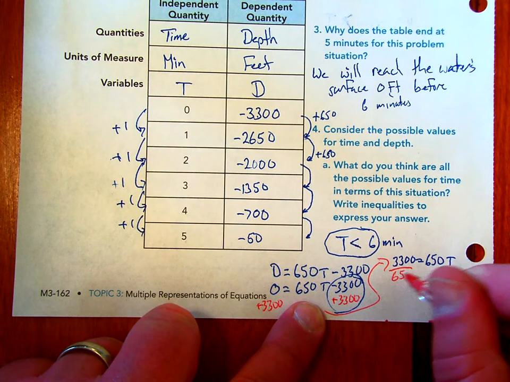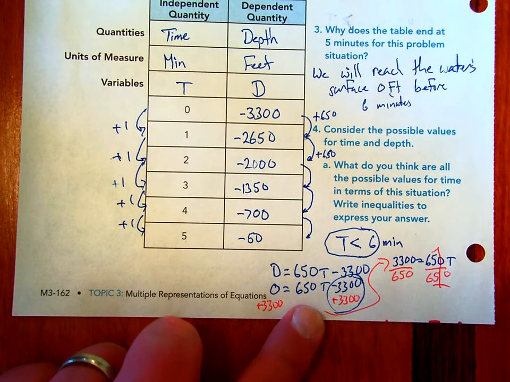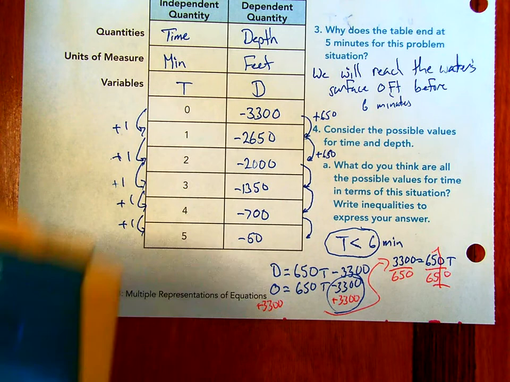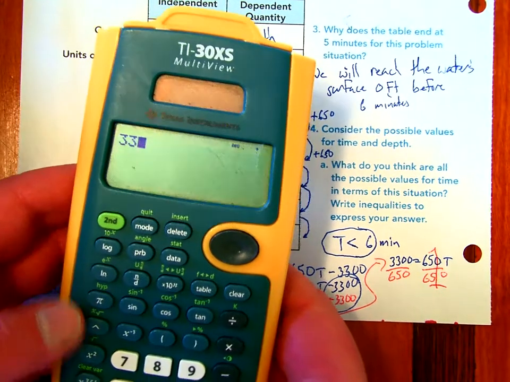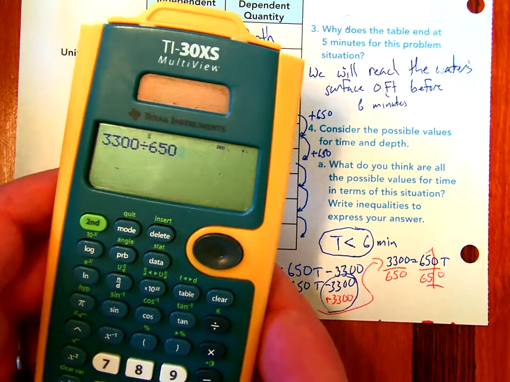Division property of equality. That's a fancy one. And 3,300, again, great use of calculators. 3,300 divided by 650 is approximately 5.08.